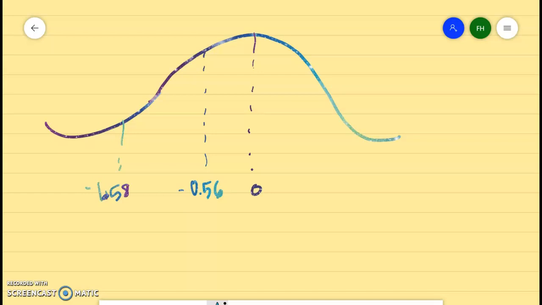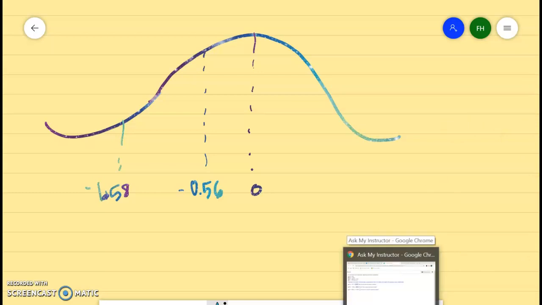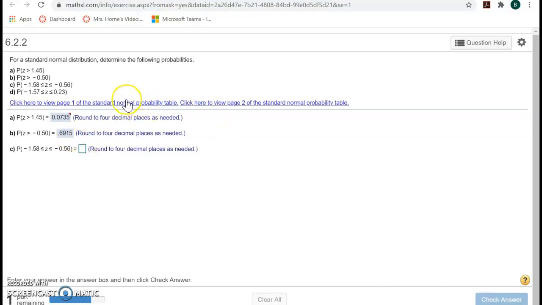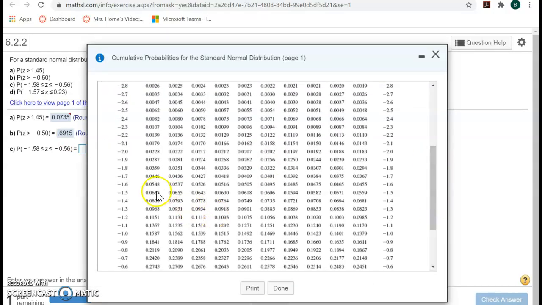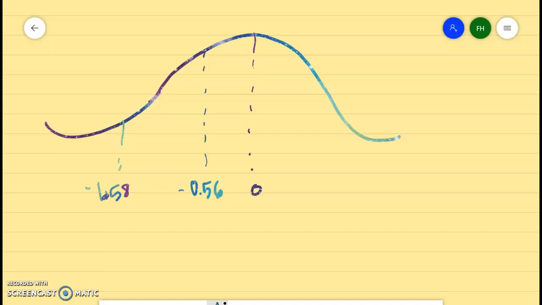First, we're going to look at the probabilities of both of these numbers and write those down. Let's look up negative 1.58 first. Negative 1.50, 1, 2, 3, 4, 5, 6, 7, 8: 0.0571. So the probability from here to here is 0.0571.